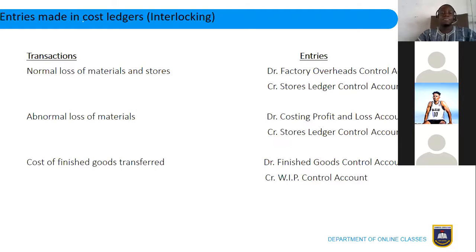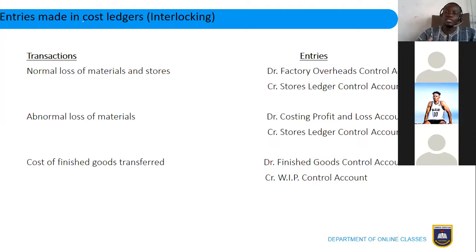So here, we're incurring normal loss of materials. We lost material. So the double entry, we are debiting factory overhead control account, and then we are crediting stores ledger control account.